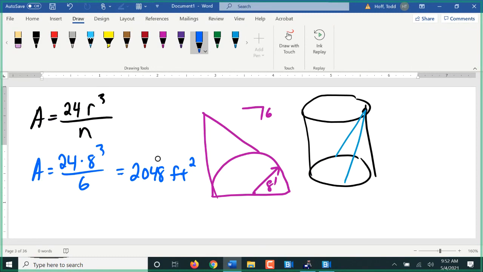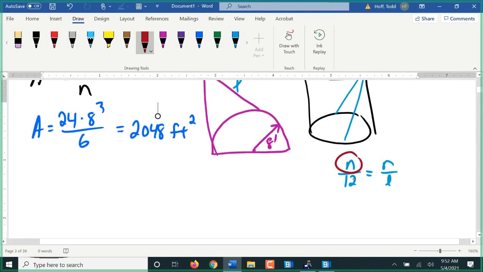Now, let's take a look at how this would be affected if I put L in here, the length of the ridge. Remember, we had that formula here, n over 12 equals r over L. Let's solve it for n so I can replace the n with L. I'm going to cross multiply.